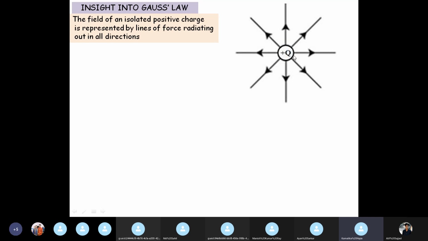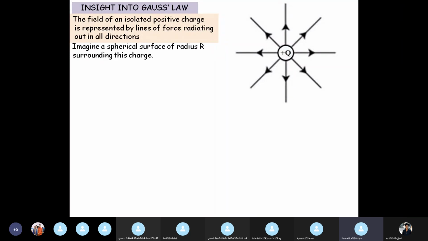We know that the lines of force will be radiating out in all directions. This picture is two-dimensional, but you just keep in mind that you have to consider 3D. The lines are radiating spherically outwards from the charge plus Q.